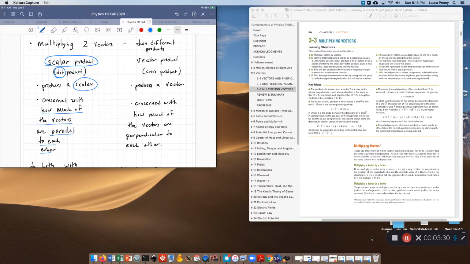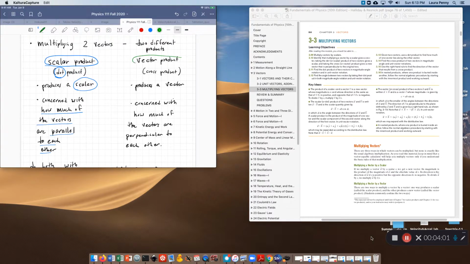So if you had a vector and b vector perpendicular to each other, the scalar product of this would be 0. No parts of these vectors are parallel to each other, and so the scalar product would be 0. It's only when some parts of the vectors are parallel to each other that you get a scalar or dot product.